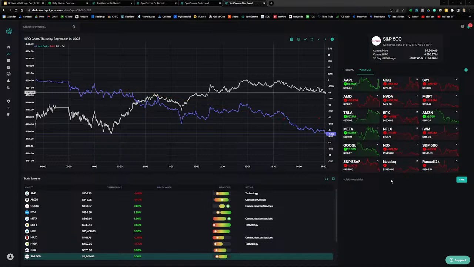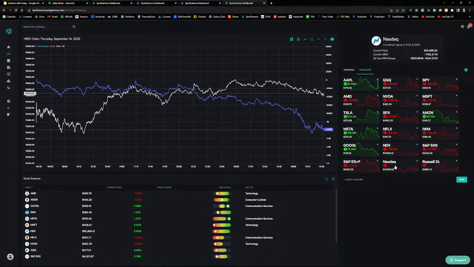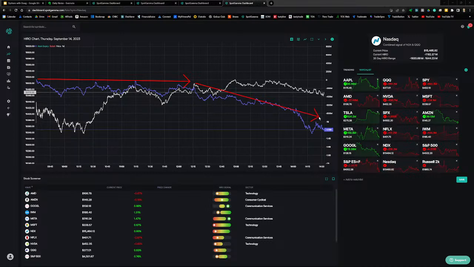Let's check Nasdaq. And so now the options traders have, starting around 12:15, really stepped on the gas with the negative delta trades.